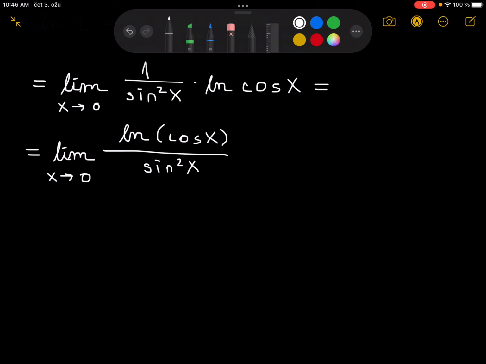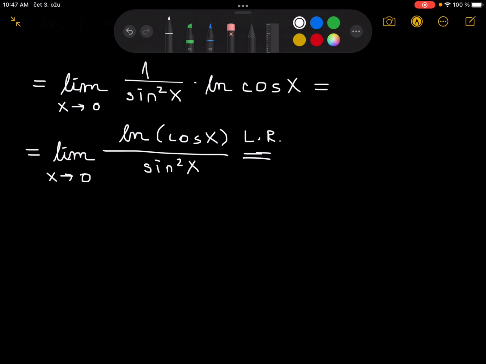So cosine of 0 is equal to 1, and ln of 1 is 0. Sine of 0 is equal to 0, so sine squared of 0 must also be equal to 0, meaning we have the form, the limit of 0 over 0, which means this is a perfect candidate for L'Hopital's rule.